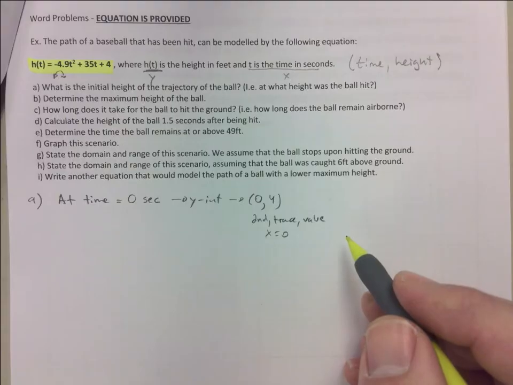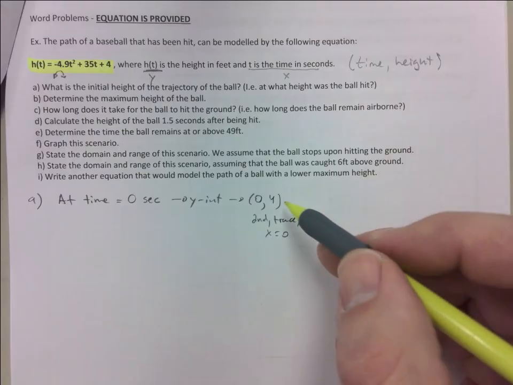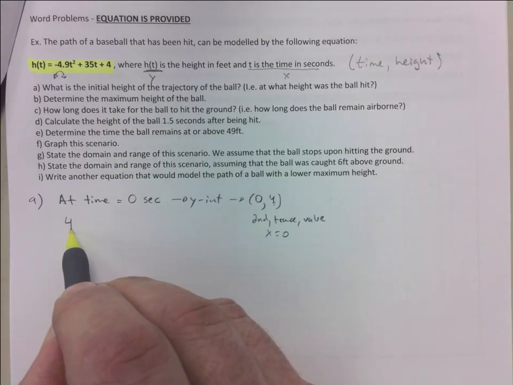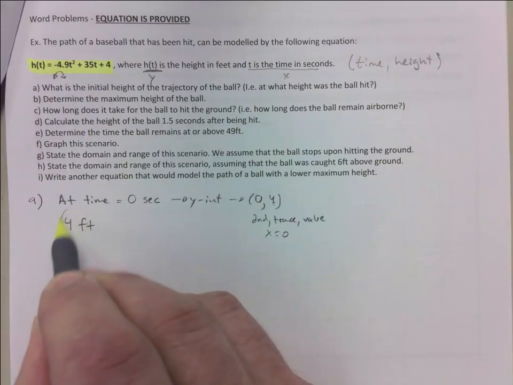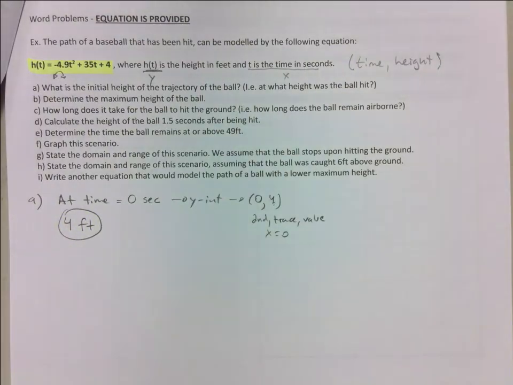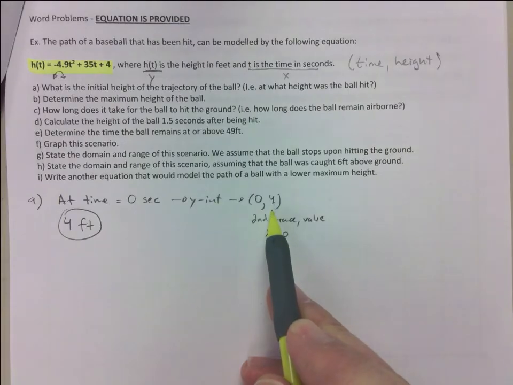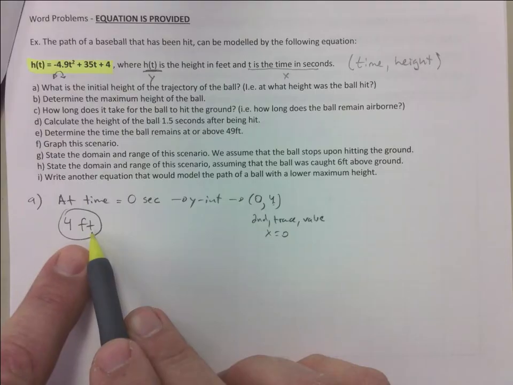But you're not done yet. You have to be specific. So what is the height at the very beginning? 4. 4 what? What's height measured in this case? Feet. You need to explicitly tell us that it's 4 feet. If you just say 4, I understand you know what you're doing, but the province wants you to be very, very specific. So have units.